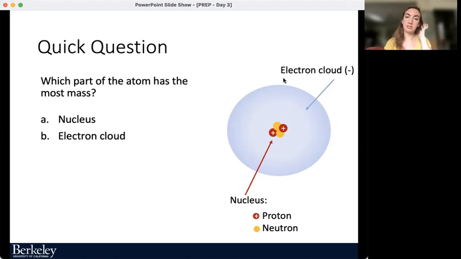The nucleus or the electron cloud? Awesome, I'm seeing a lot of answers come in. I'll give you 10 more seconds to answer what you think.